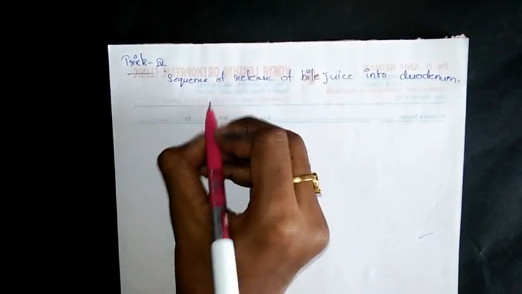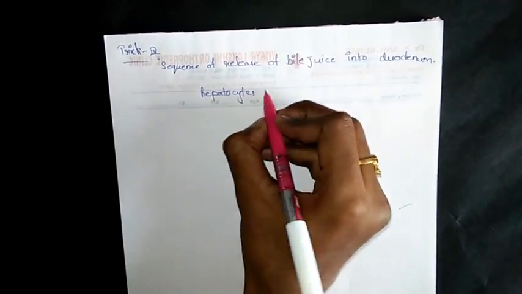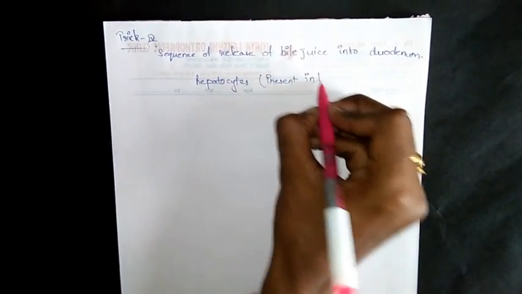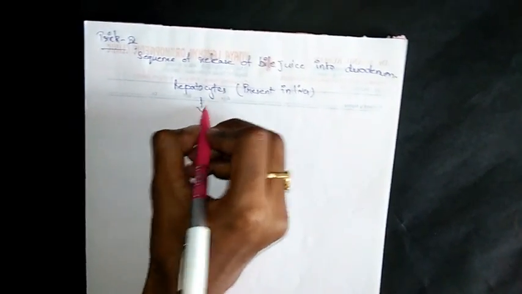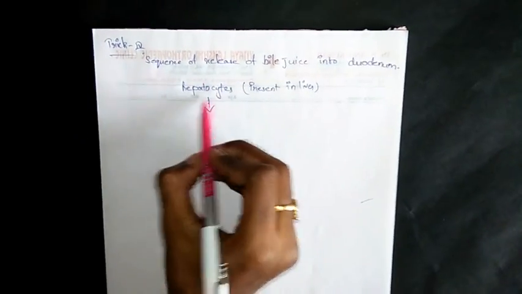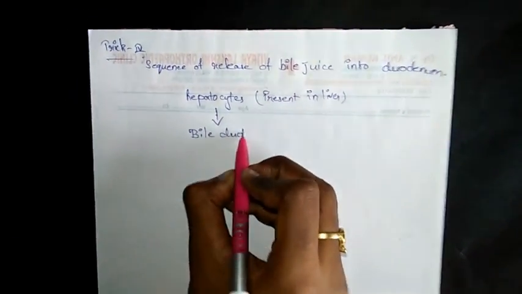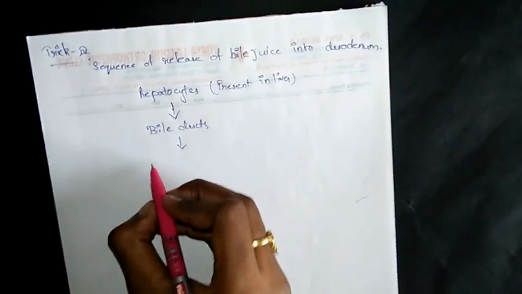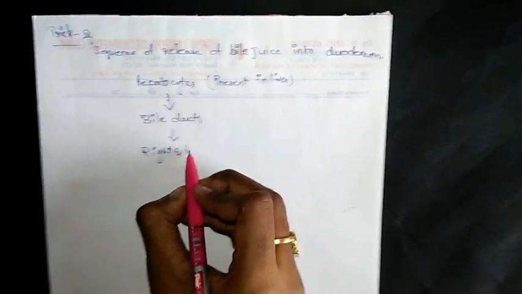From hepatocytes, which are present in the liver, the bile juice which is formed enters into bile ducts, and from there into the right and left hepatic ducts.